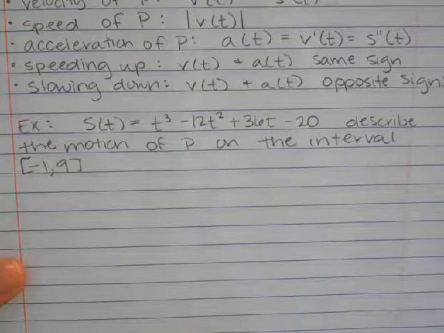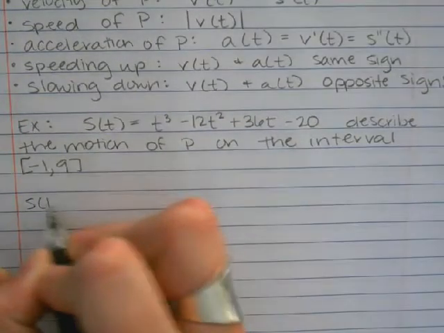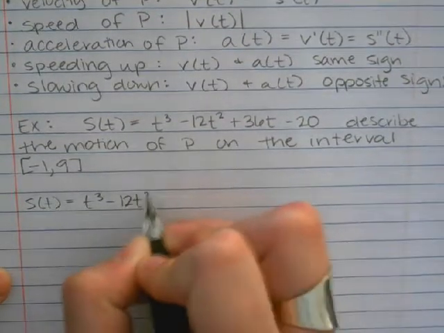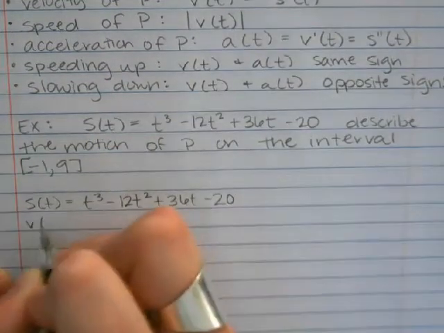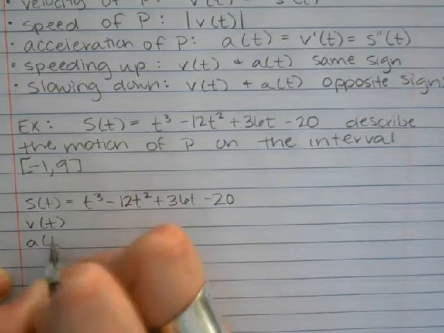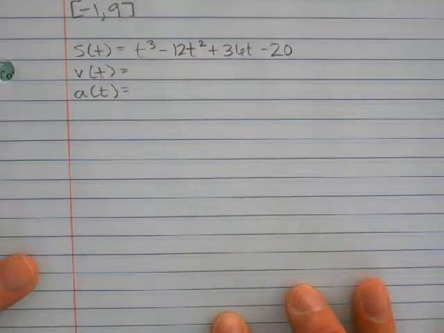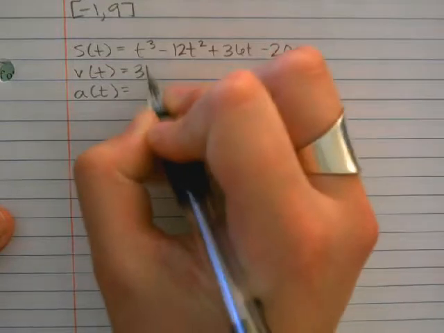So first, I'm going to write down my original equation, and I'm going to write down my first derivative, which is my velocity, and my second derivative, which is my acceleration. So what would our velocity equation be? 3t squared minus 24t plus 36.